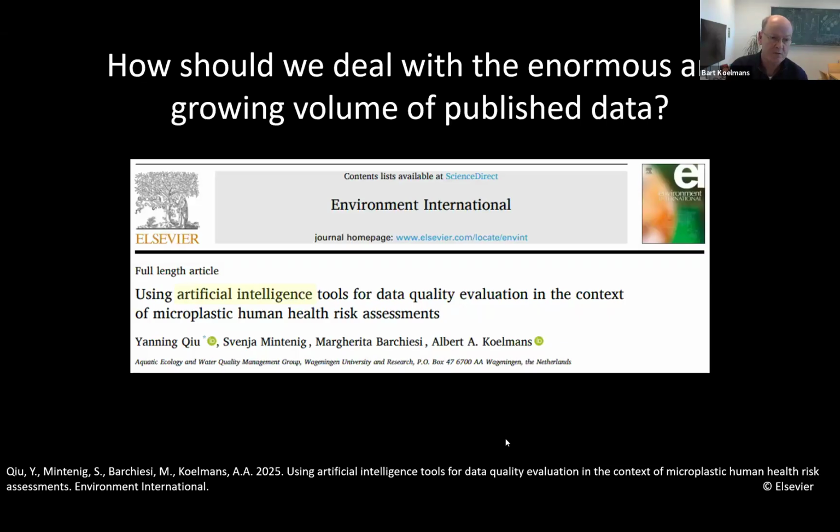Another problem actually is the huge volume of data, the number of studies. So how to keep track of this? Now, artificial intelligence tools may provide a solution here, because it is by now possible to automatically extract the relevant texts from studies and assess the quality and evaluate studies.